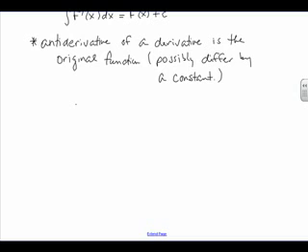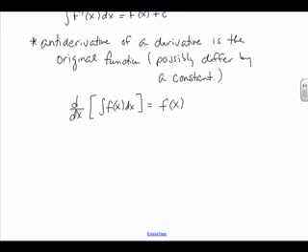All right, so if we differentiate, remember that notation means we're going to take the derivative with respect to x. If we differentiate an antiderivative, we will get the integrand.